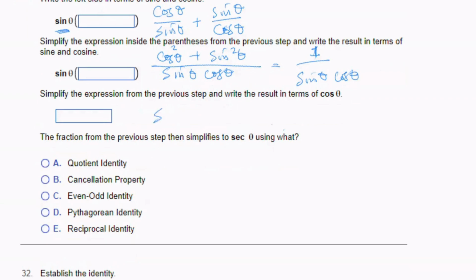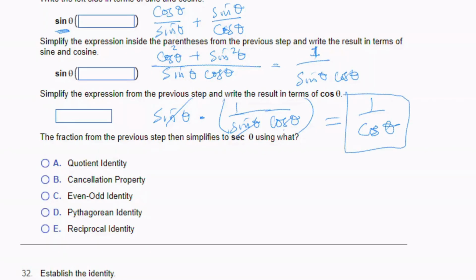Outside we have sine theta, but we are multiplying 1 over sine theta cosine theta, so sine theta and sine theta cancel, and we remain with 1 over cosine theta. Now the fraction from the previous step simplifies to secant theta.